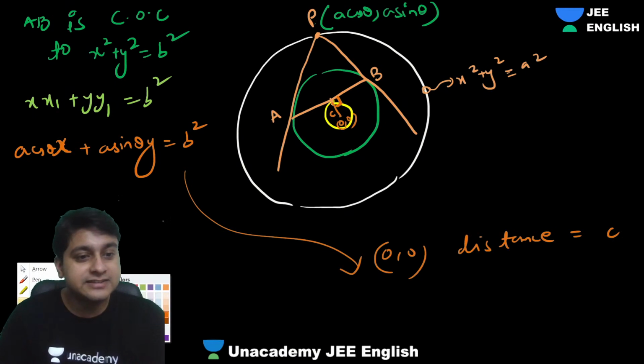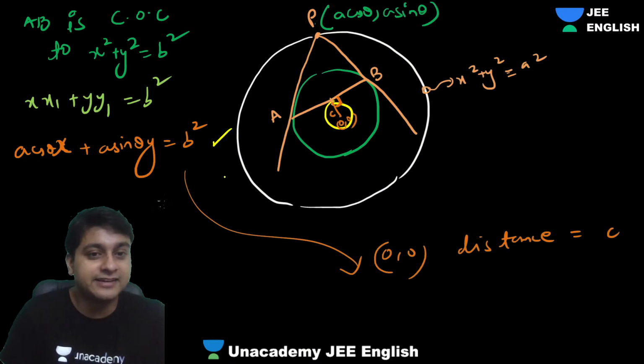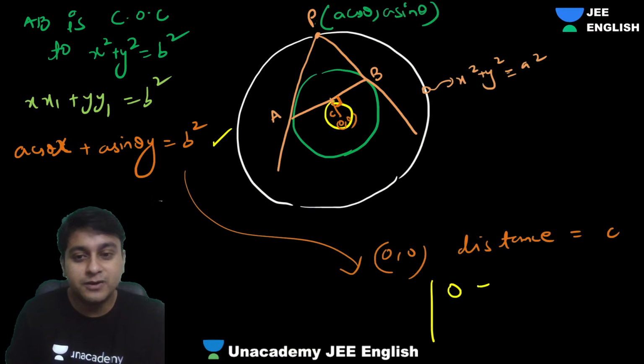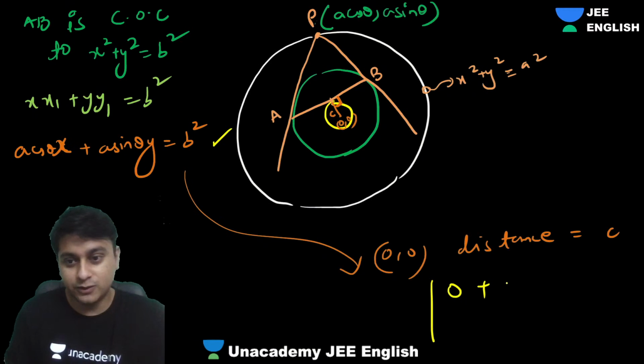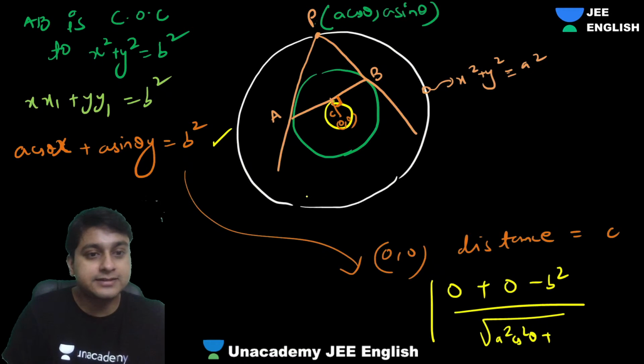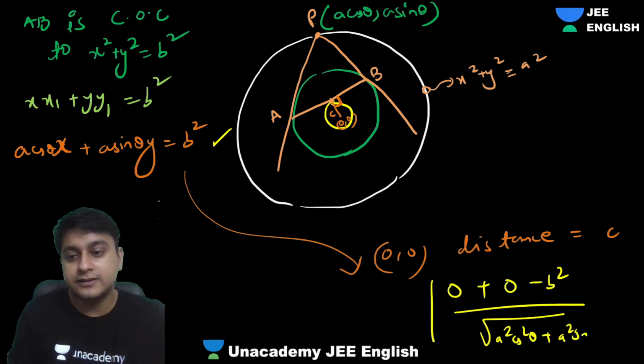So let's calculate the distance of this line from 0, 0. Can I say we will get 0 plus 0 minus b square upon under root of a square cos square theta plus a square sine square theta, mod, equal to c?